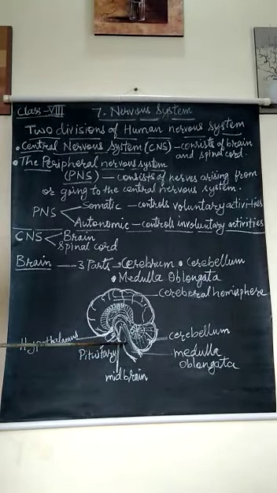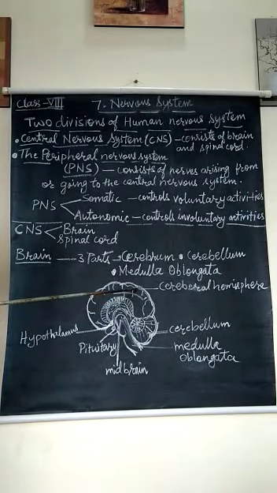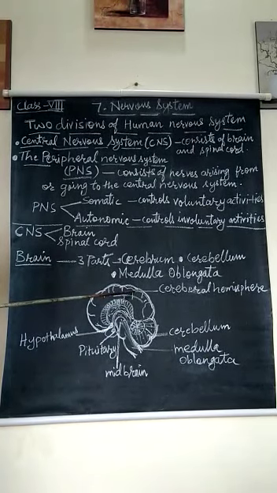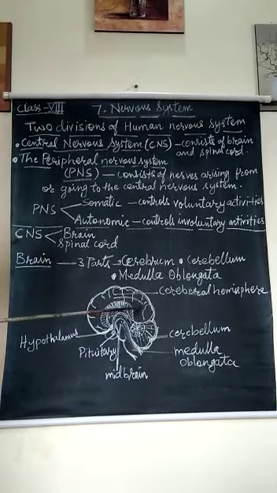Now see first about cerebrum. Cerebrum is the largest part of the brain and it makes up about 85% of the brain's weight. That's why it is the largest part of brain.